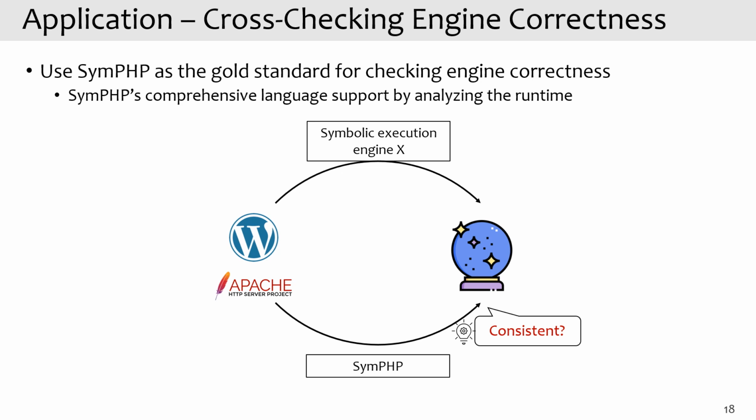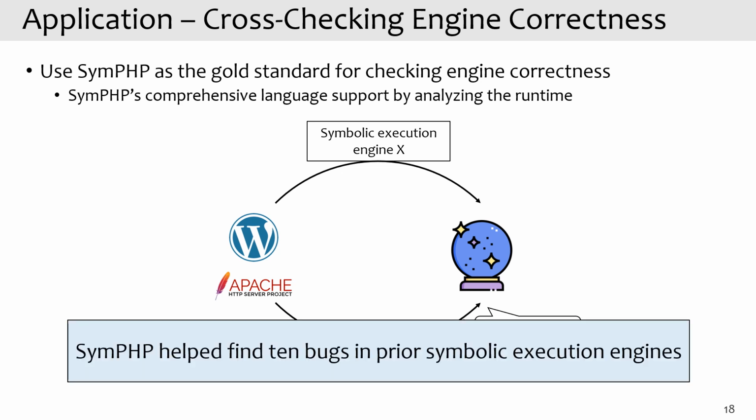We deploy a very simple differential testing framework that compares the analysis results between SymPHP and other symbolic execution engines. We validate whether these two engines produce consistent results. If there is any inconsistency in the analysis results, we likely think there is a bug in the other symbolic execution engine. We found SymPHP helped find 10 bugs in prior symbolic execution engines.